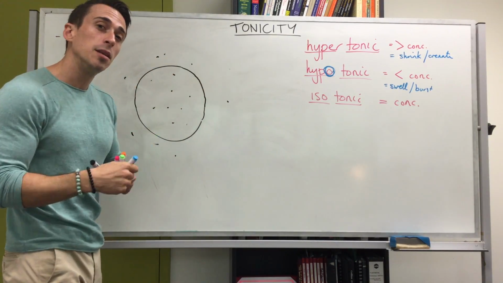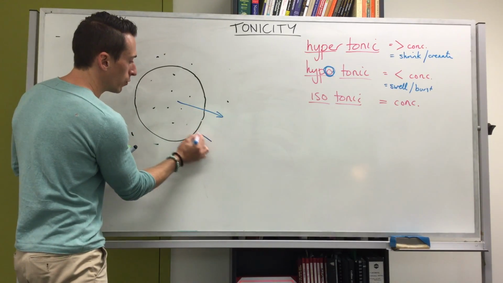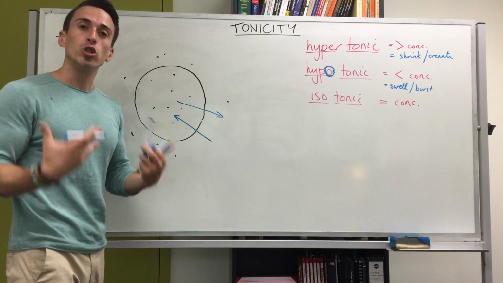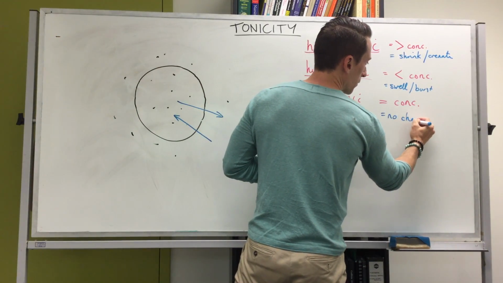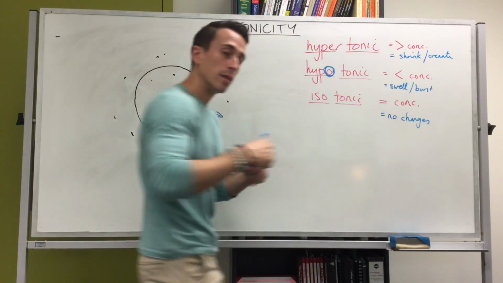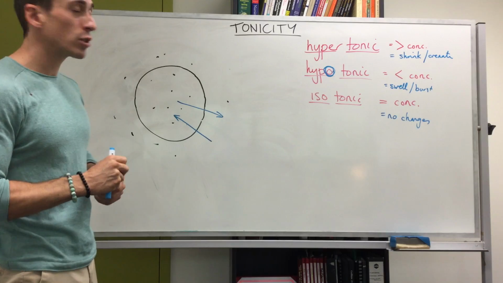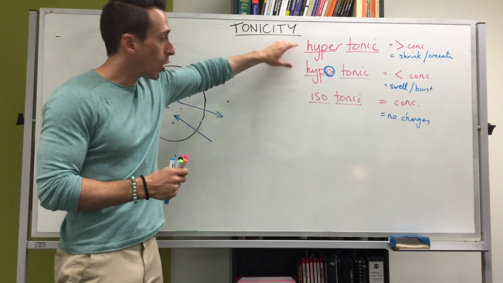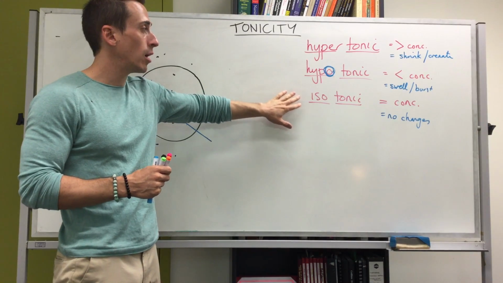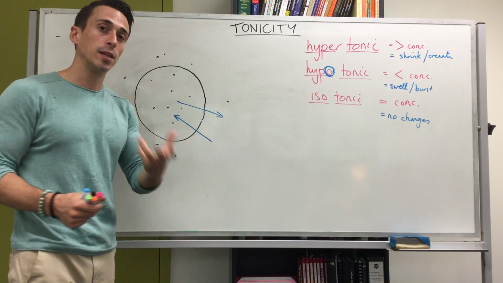What that means is the net flow of water outside the cell is balanced out by the net flow of water into the cell, and there's no cell size changes. This is tonicity. And this is important clinically because there are some solutions that you may have to deliver to a patient that are hypertonic, hypotonic, and many that are isotonic. And now you know what will happen to the cell and some cellular changes.